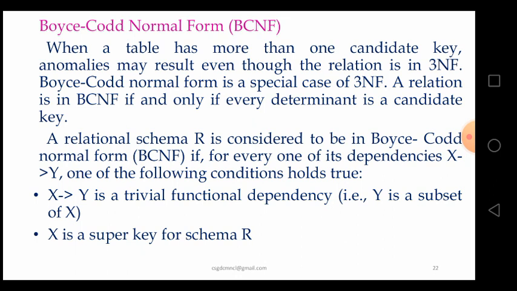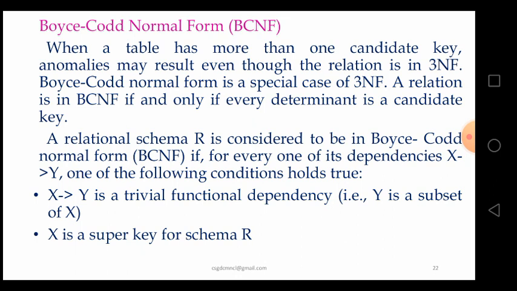Once again I repeat, Boyce-Codd normal form, BCNF, is the advanced version of third normal form. It is stricter than third normal form. A table is in BCNF if for every functional dependency X to Y, X is the super key of the table.